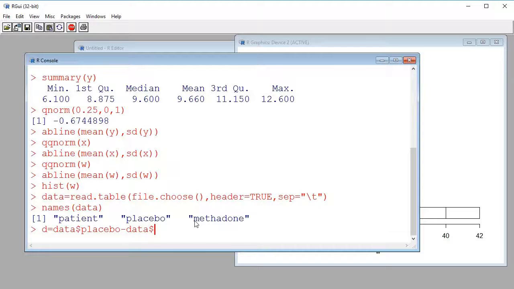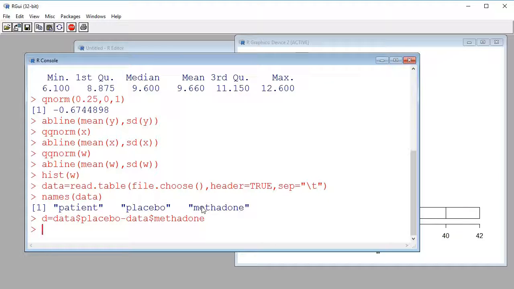And then I'll do the same for methadone. So data$methadone is the pain score under methadone. So now for each patient, I'm going to have the difference of the pain score between the placebo and the methadone. And I would like to know, is it reasonable to assume that this difference comes from a normal population?